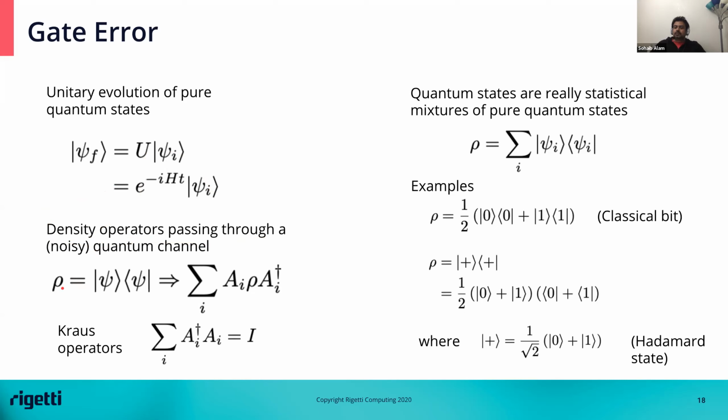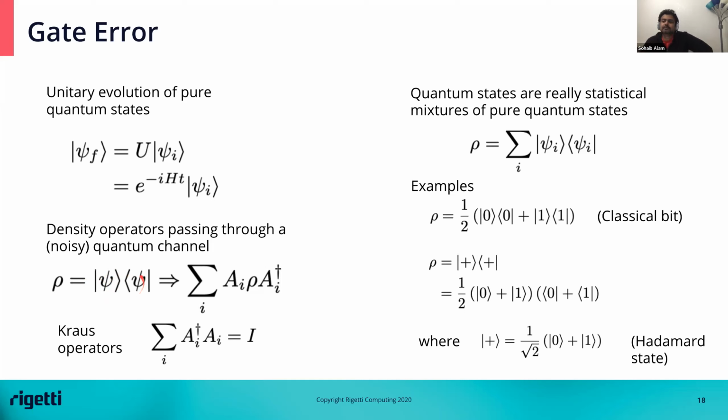First of all, we'll just take the example of a pure quantum state whose density operator is given as this outer product. This is why we call it an operator in the first place. If you go back to your bra-ket vocabulary, a ket is a column vector, and a bra is a row vector.